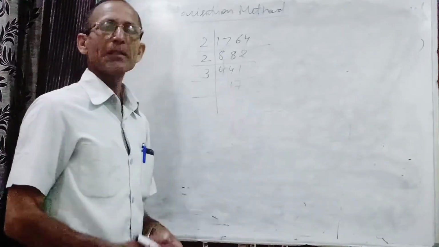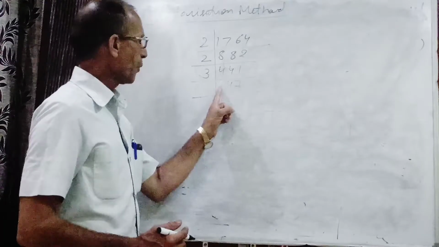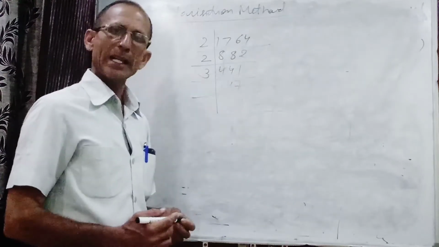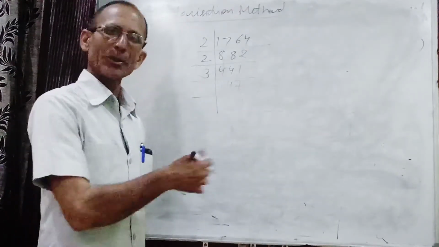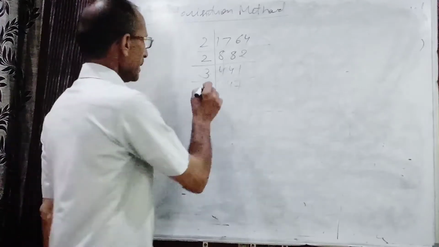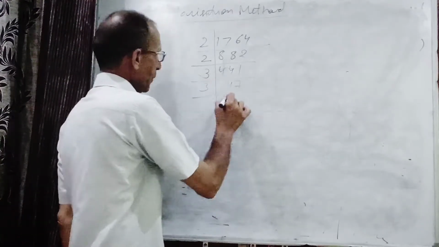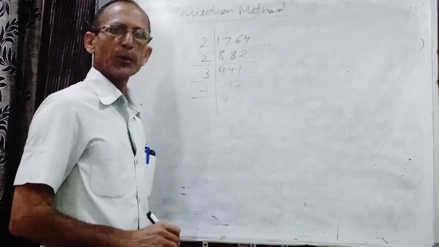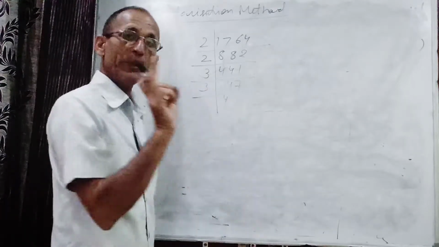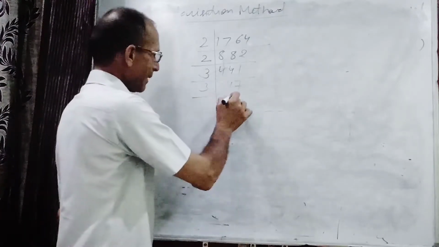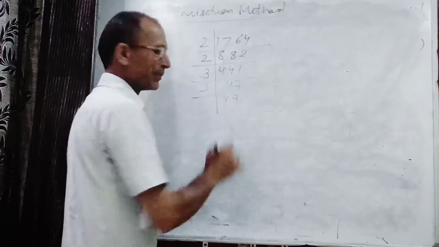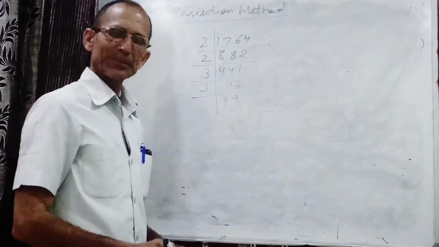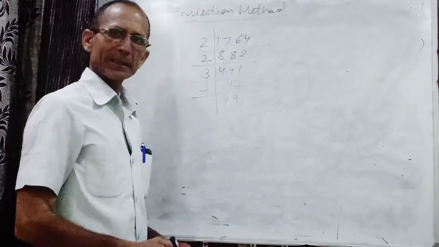This also will be divisible by 3, because the sum of the digits of 147 is 12, and 12 is divisible by 3. 3 fours are 12. What is left? 2 and 7, that means 9. 3 9s are 27. Are you understanding?